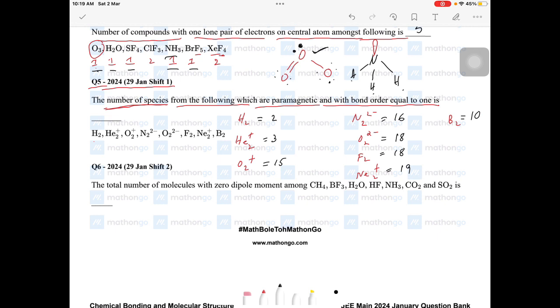Now how can we find whether the bond order is equal to 1 or not?